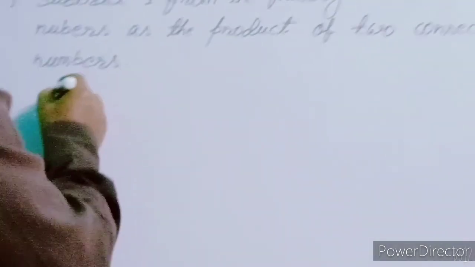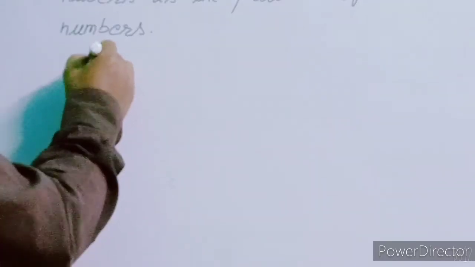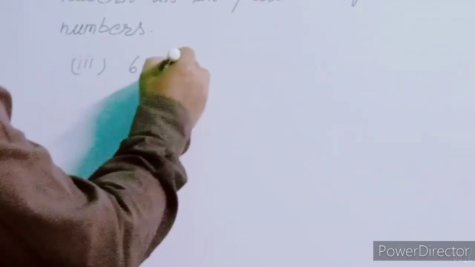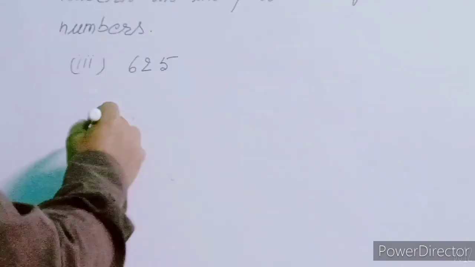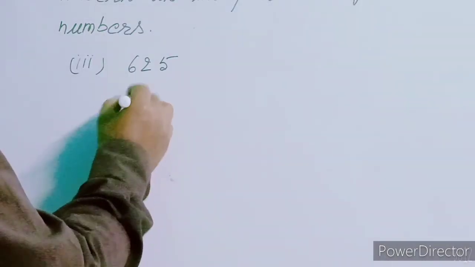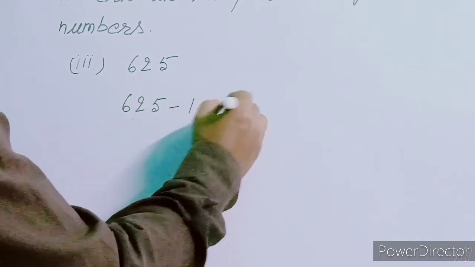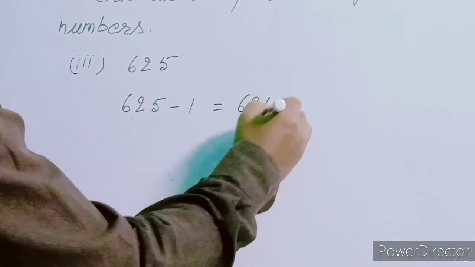Now Roman number 3. The number is 625. As per the question, subtract 1 from the given number. 625 minus 1, we got 624.